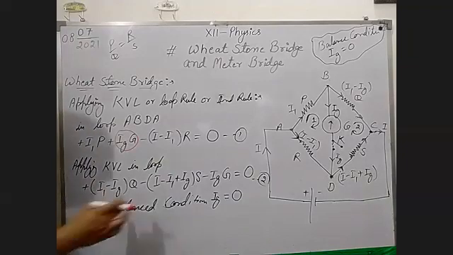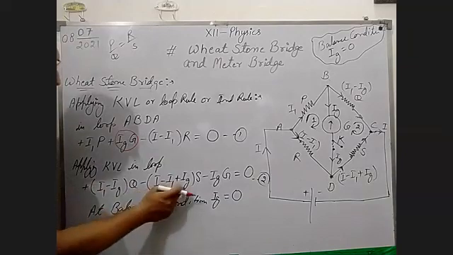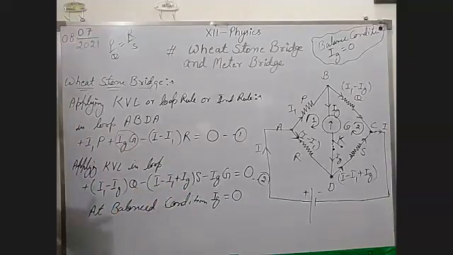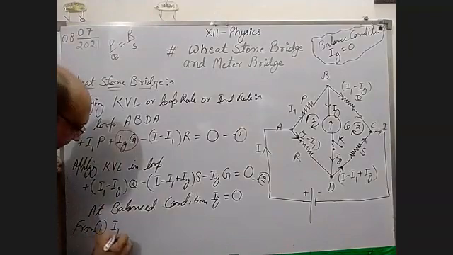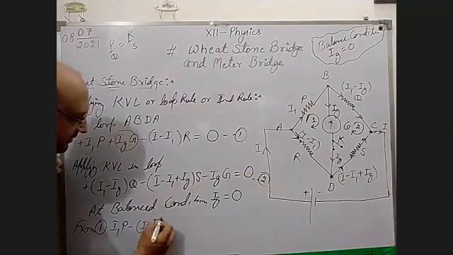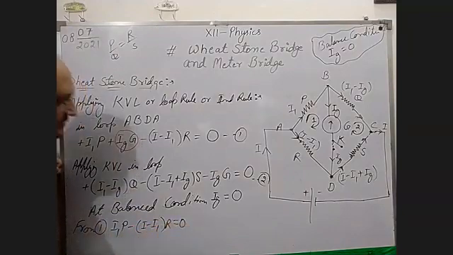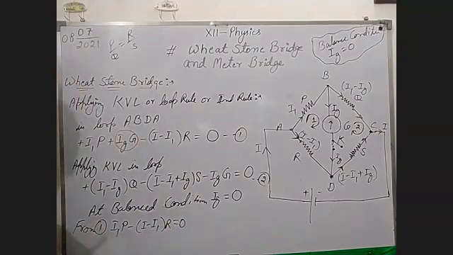Now here, this is Ig, this is Ig. Now let us solve this thing. Now from first, I1P minus I minus I1 into R is equal to 0. This is the thing.